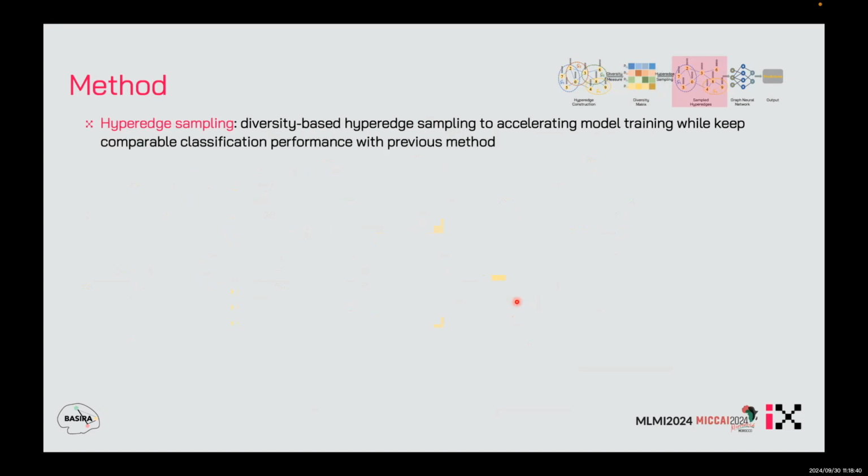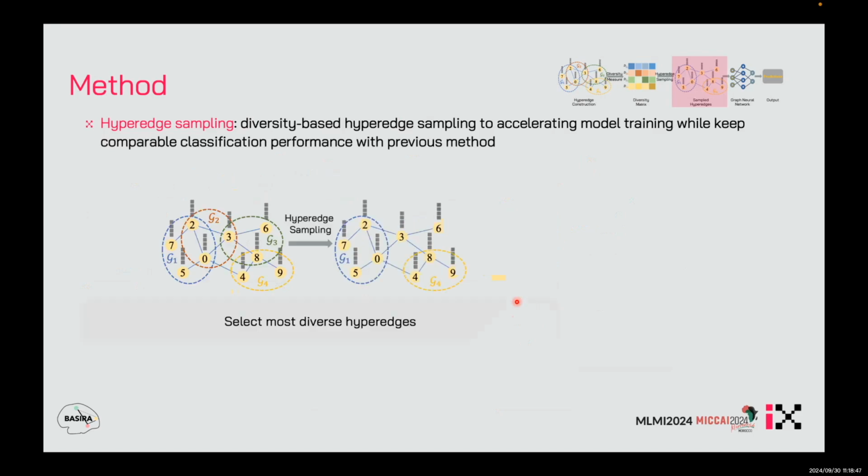Based on the calculated diversity of each subgraph, we select the most diverse Hyperedges for the subsequent graph neural network training. In this way, we can not only reduce the GPU memory, but also accelerate the graph training.